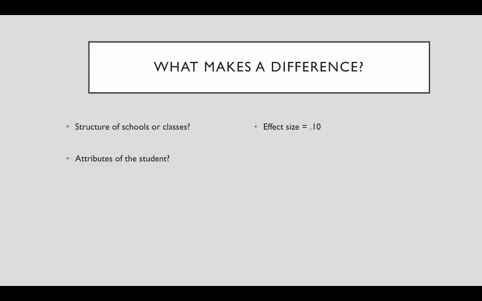So many studies have been done about gender, poverty, ethnicity, whether the students have breakfast, whether the students get sleep, whether the students come from divorced homes. All of these things are the attributes of the students. You can see it has a very small effect size. If we teach well, almost all students are going to learn well.